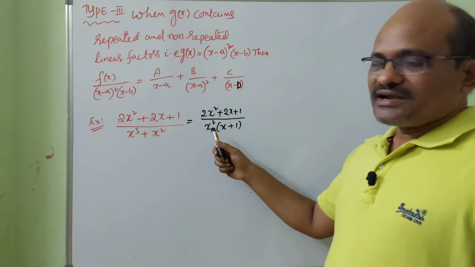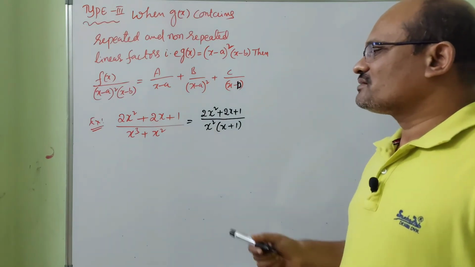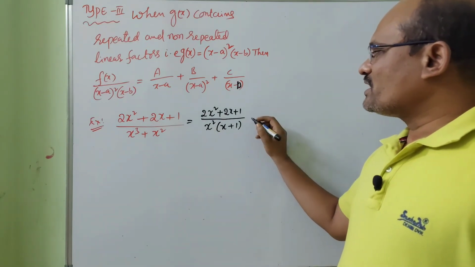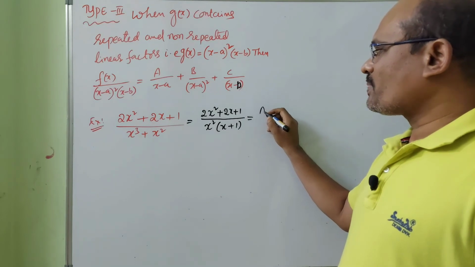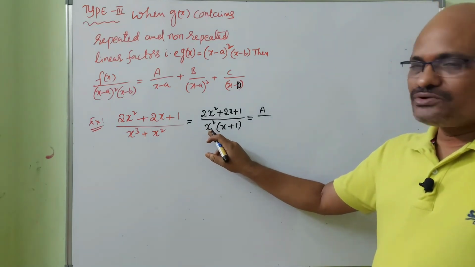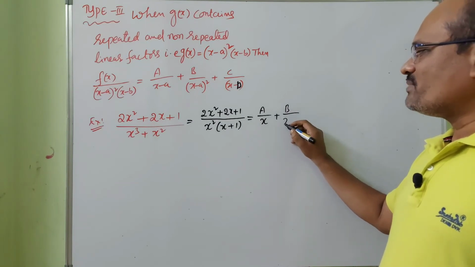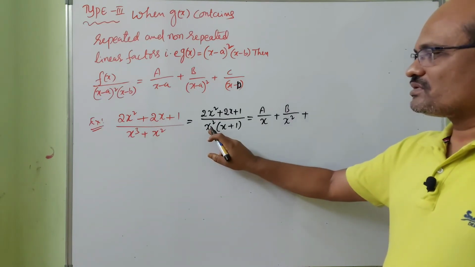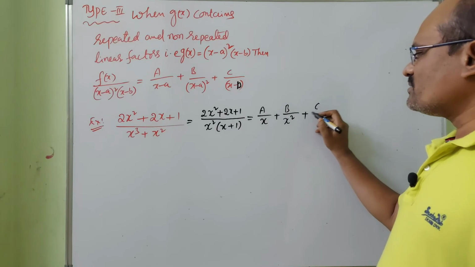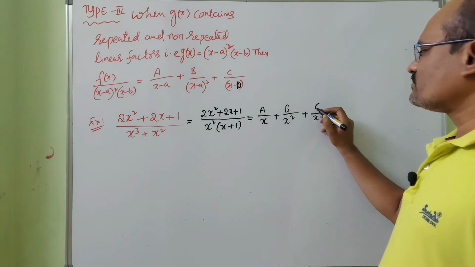That means it contains both a repeating and a non-repeating factor. So it can be resolved like this: x is repeating 2 times, so A by x plus B by x square, and now C by x plus 1.